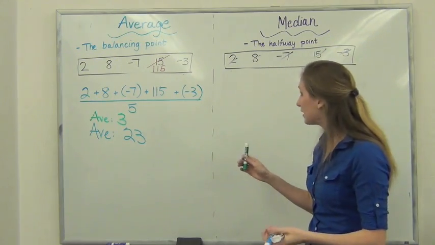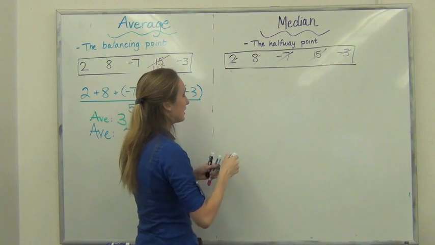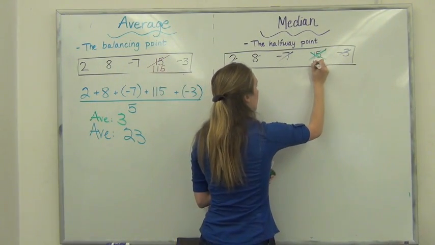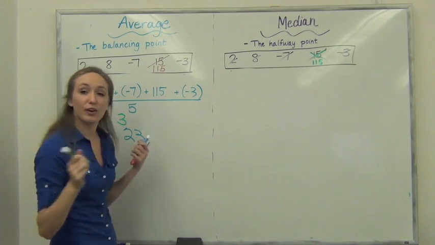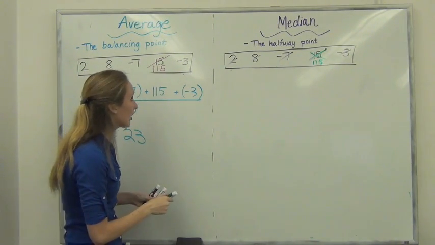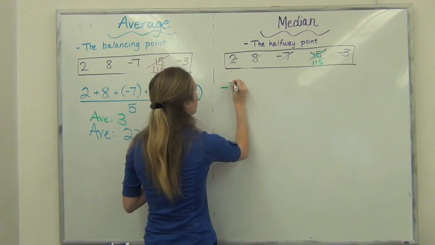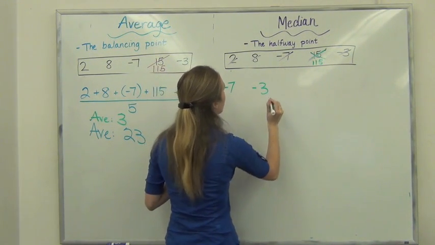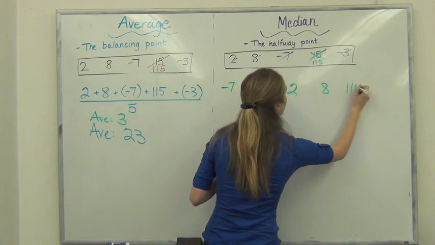Let's take a look at the median though. Instead of having 15, let's make it 115. We added 100 to that number. So now the first step for the median is lining them up in the correct order. The smallest one is negative 7, negative 3, 2, 8, and now 115.